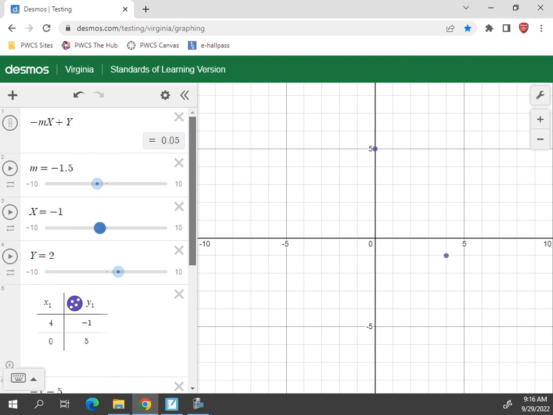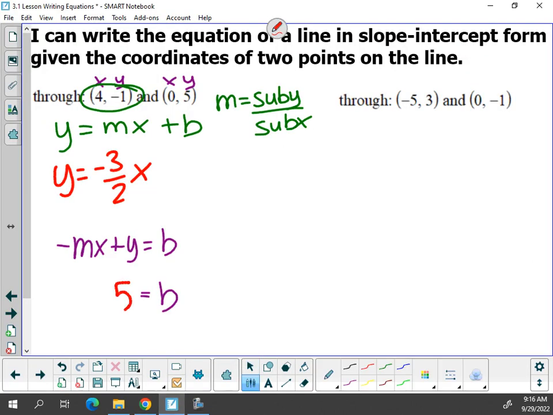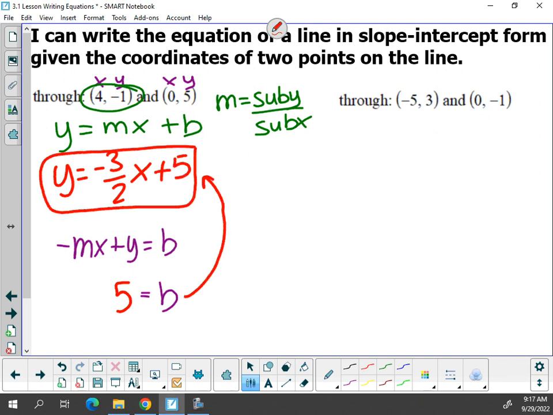So x is 4, y was negative 1. And what's really nice is our slope is the same as the one we just did, and so we find that our value for b is 5. It's positive 5, so I can write plus 5, and I have my equation.